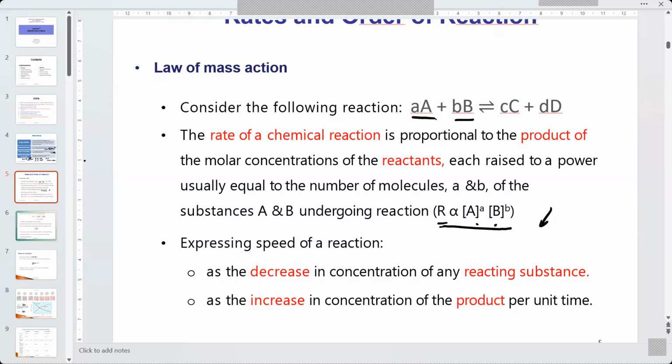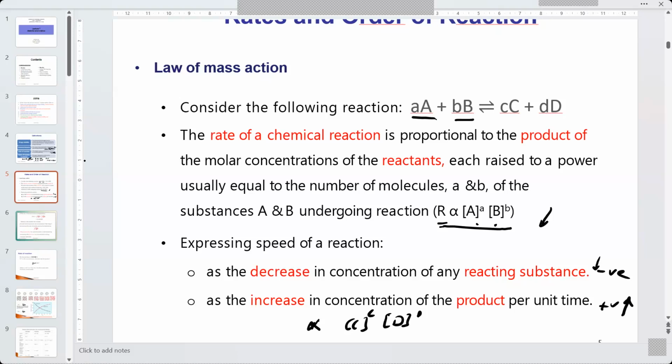So here it is expressed as the decrease in concentration of the reacting substance. We can say, in other words, that the rate of reaction is proportional to C to the power c small times D to the power d small, and the rate will have a negative sign here. Here the concentration is decreasing with time. So here the concentration is decreasing, here it is increasing.